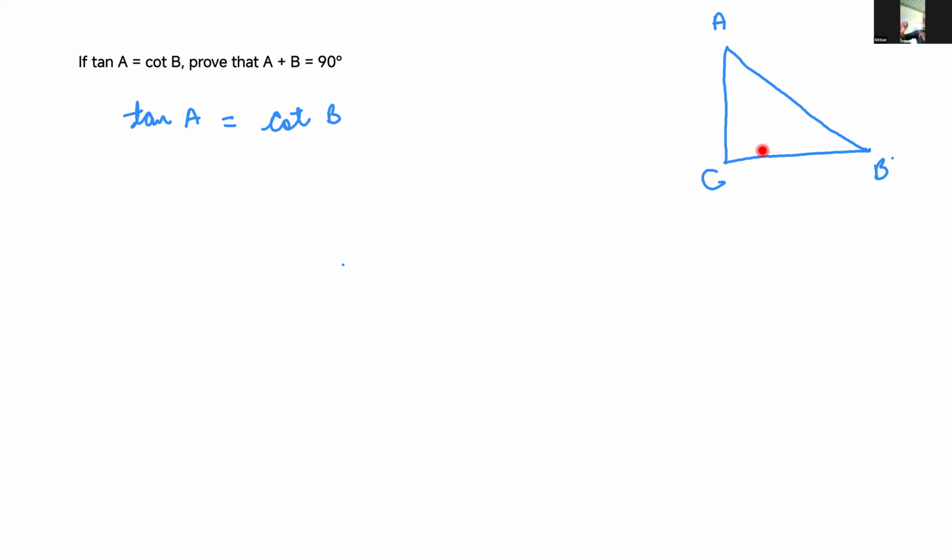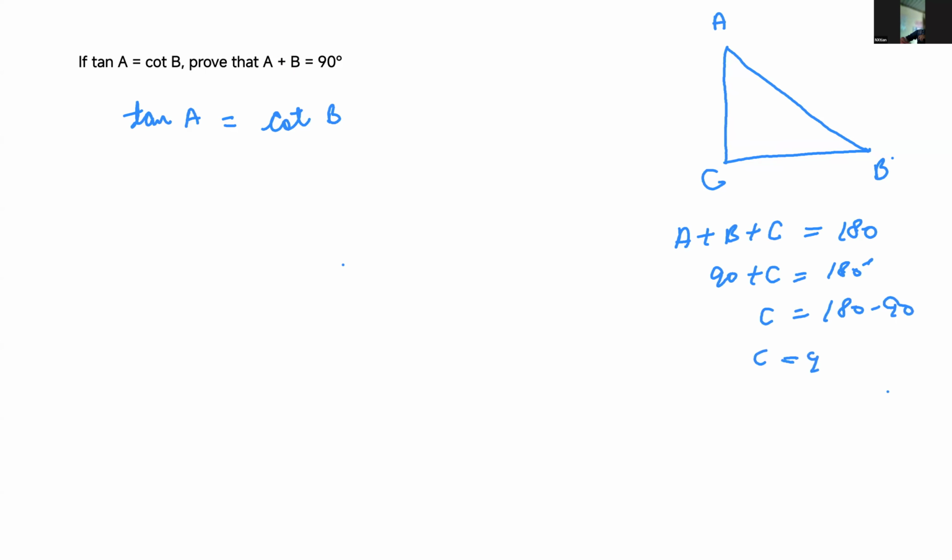So this diagram is correct. Now listen to this. A plus B plus C is equal to 180. Now because we have to prove this, it means A plus B is 90, plus C is equal to 180. C is equal to 180 minus 90, then C is equal to 90.